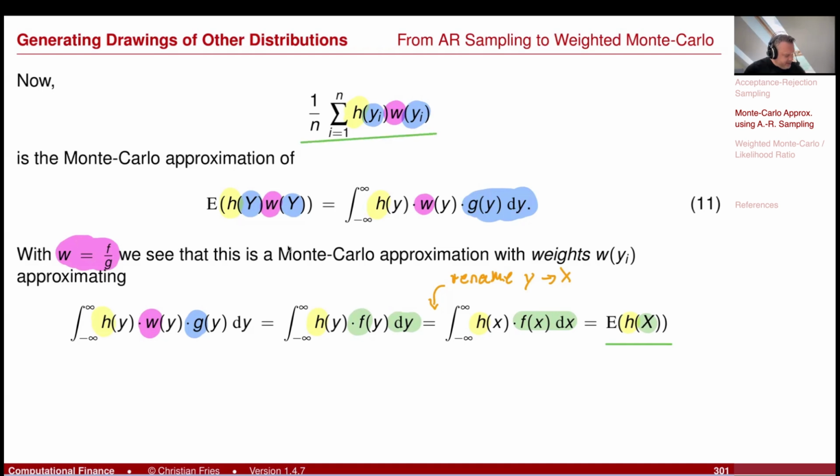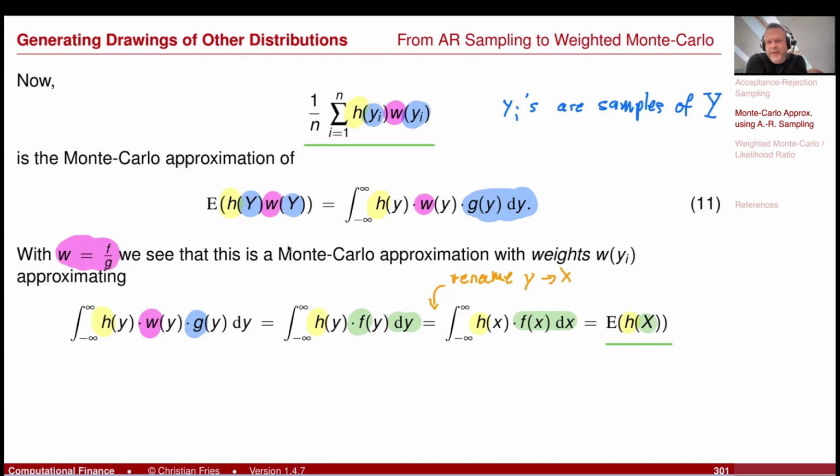So here we have a Monte Carlo approximation of expectation h of x, but the y_i's are samples of y.